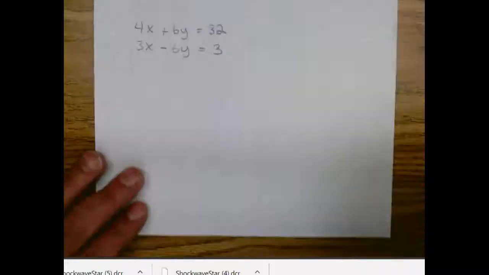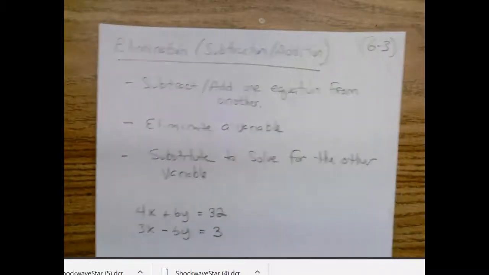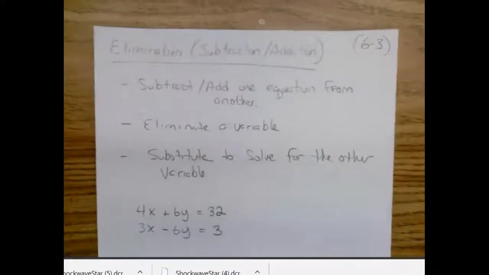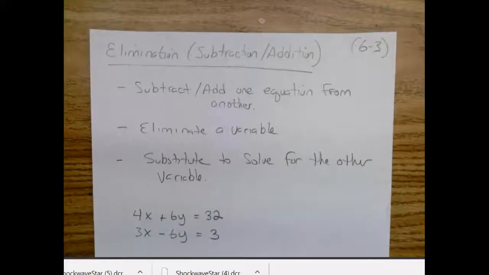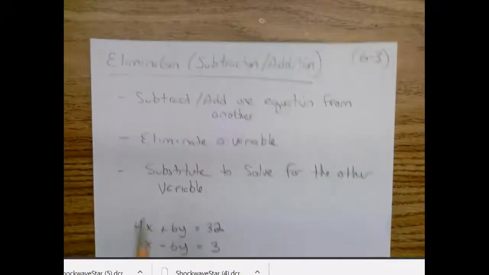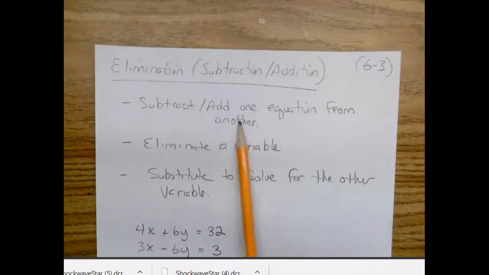So what's another possibility? Well, we have something called elimination. It's a little bit different. Elimination is where we eliminate one of the variables first, solve for one of the remaining variables, and then plug it back in. So in this process, we're going to either subtract or add one equation from the other.